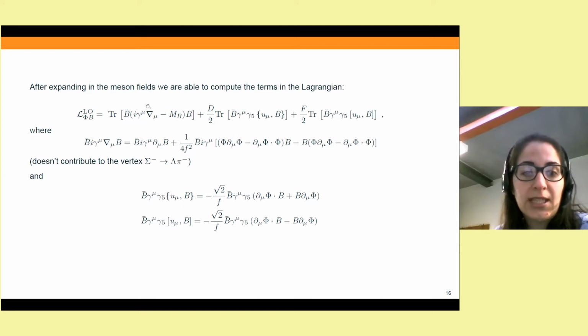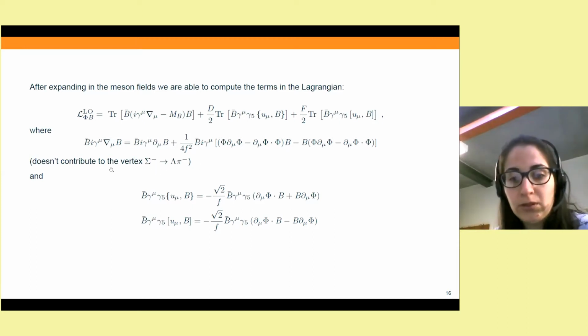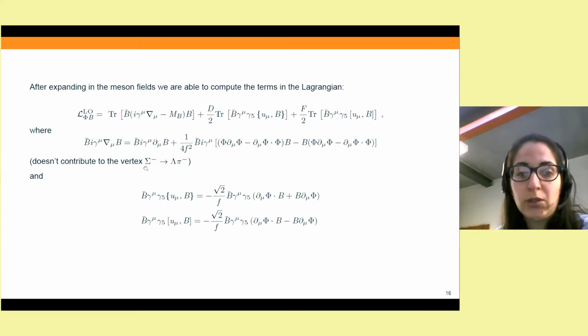So for this term here with the covariant derivative, after expanding in the meson fields, we saw that we get this expression here. And I'm telling you that this term here will not contribute to the vertex that we want to compute. Did anyone try to compute it, or can anyone tell me why it will not contribute?